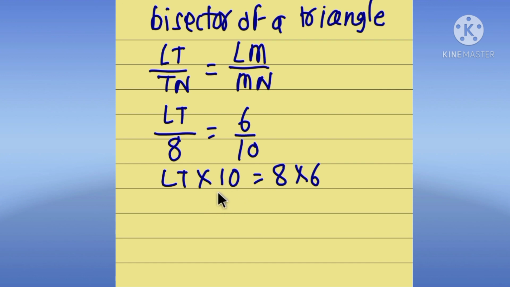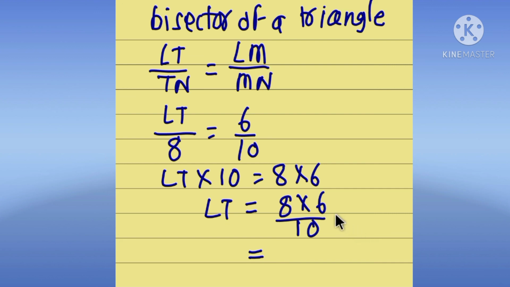Sorry. To find LT, 10 is on the left hand side, so we have to transfer that number 10 to the right hand side. How can we transfer that number? That number is multiplied to LT, so it will divide 8 into 6. After transferring, we got LT equal to 8 into 6 upon 10.